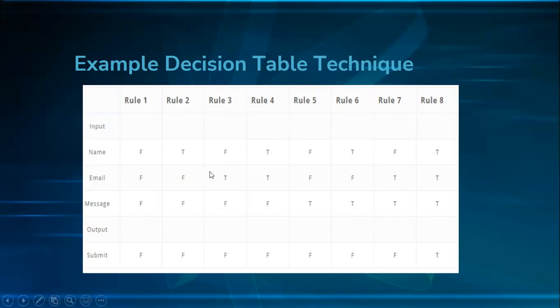Now, in my rule 3, I put a false name, a correct email, but a false message. Again, it's still false. In my rule 4, I thought, okay, why not put the correct thing and let's move ahead? I put the correct name, correct email, and a false message.